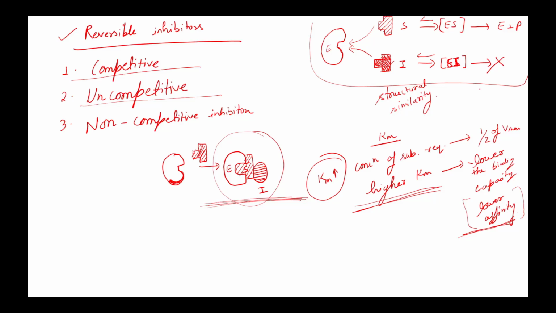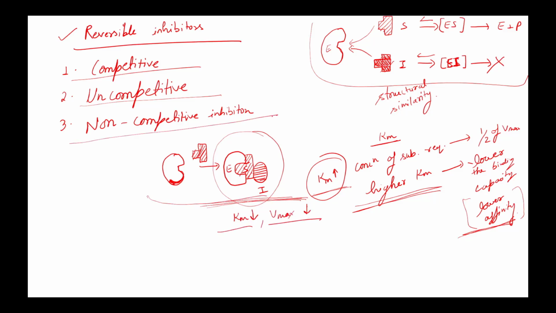In competitive inhibition only Km gets increased, but the Vmax remains the same, but here in this case the Km and the Vmax both get decreased.